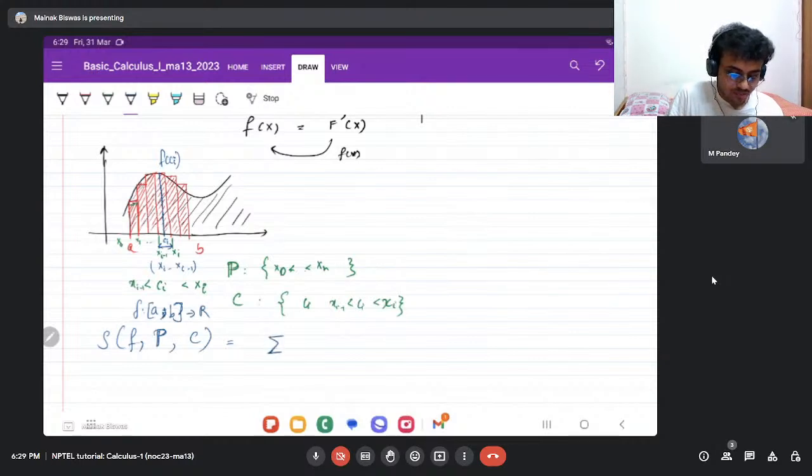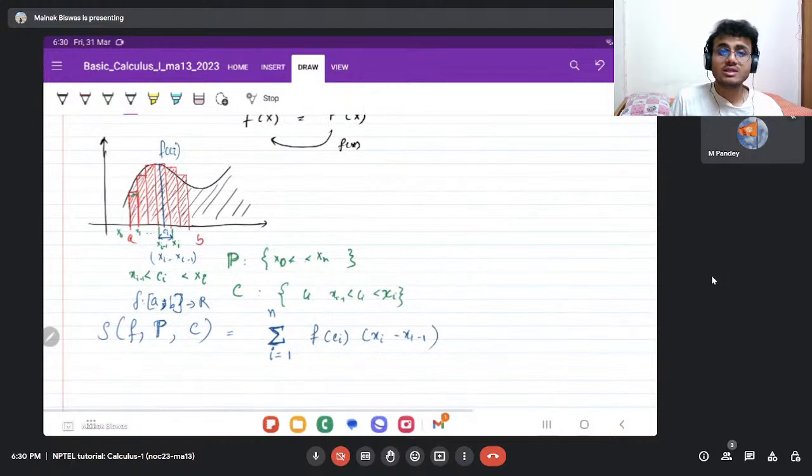It is the sum of all these areas, right? So it's the sum from i equal to 1 to n of f of Ci times (xi minus x(i minus 1)). Agreed? Yes, sir. This is your Riemann sum.